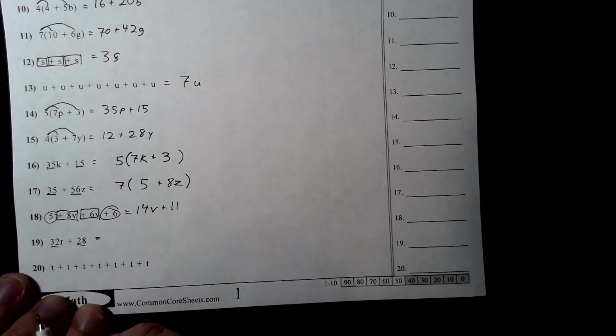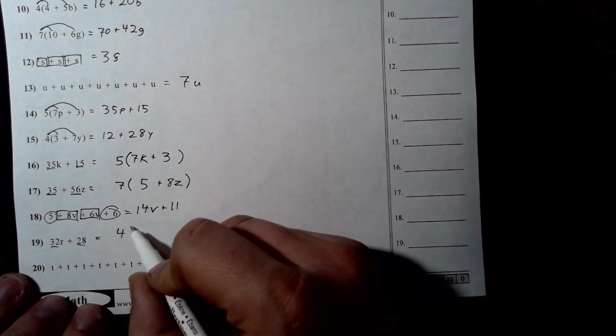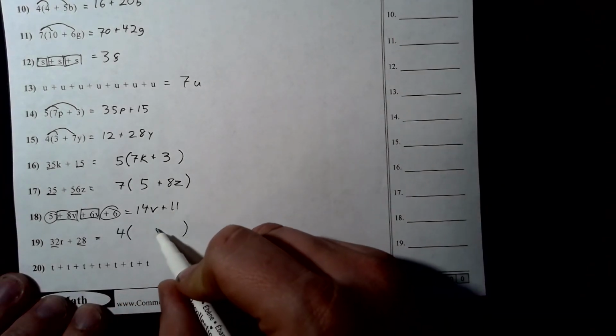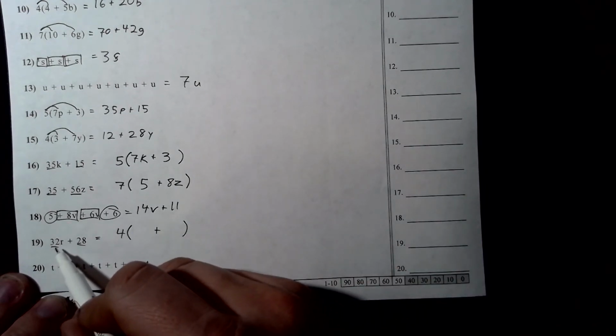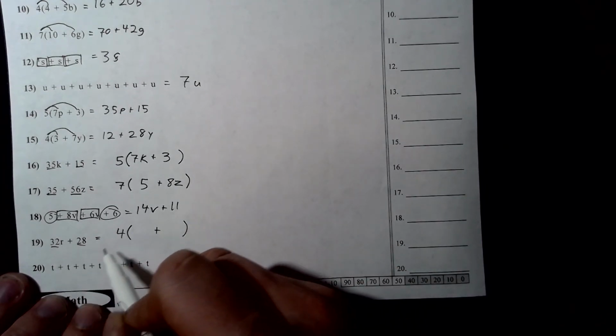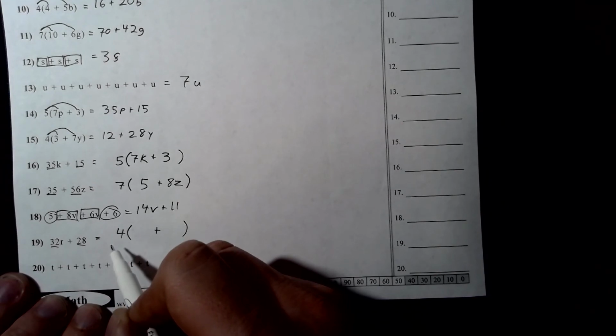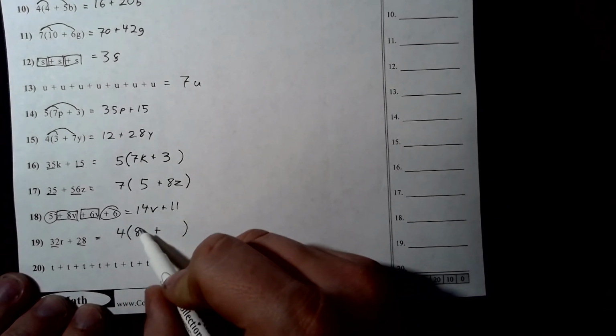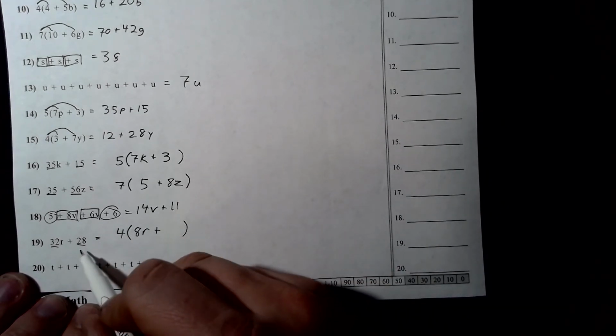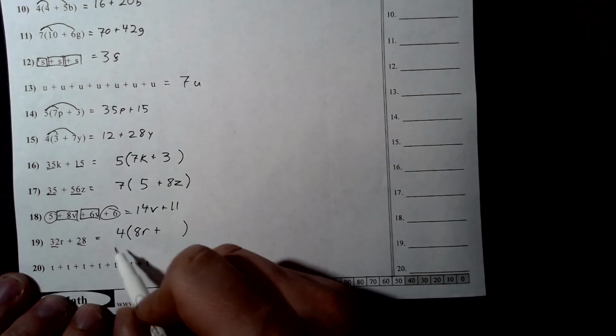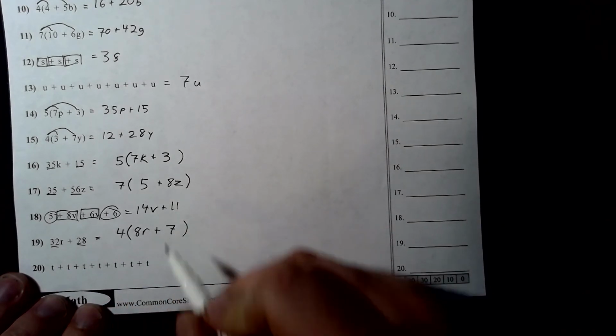We're going to say 4. We can divide both of those numbers by 4. 32r divided by 4 should equal 8r. And 28 divided by 4 should equal 7.